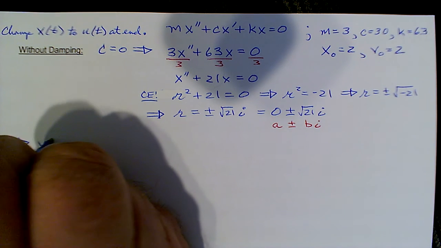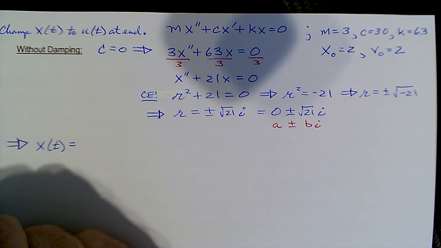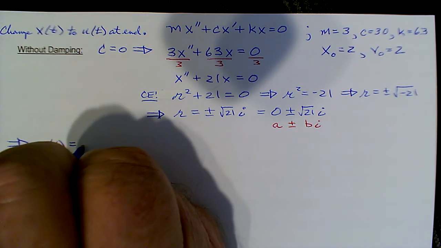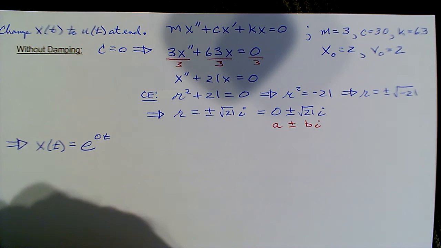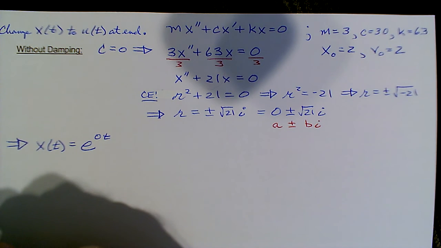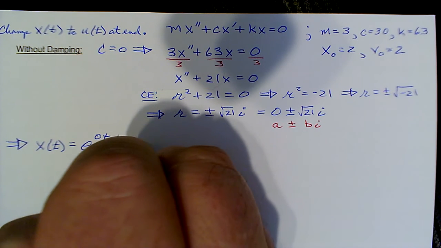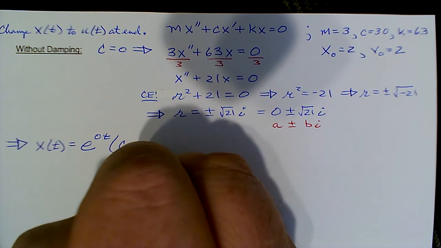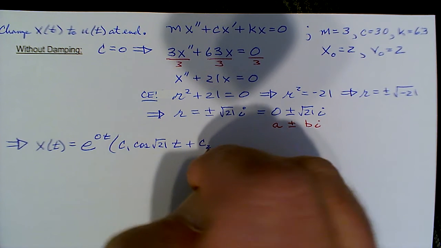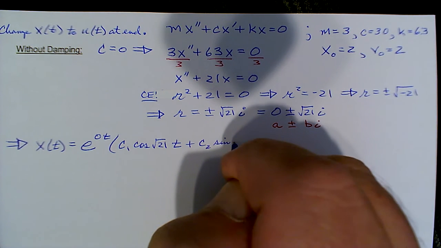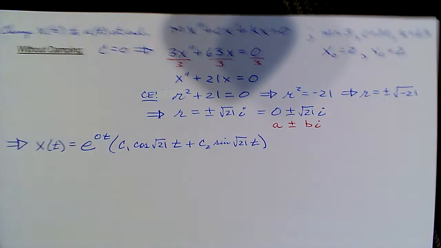And so we'll say x of t is e to the ax, so e to the, well, actually t, right? e to the 0t, and then times c1 cosine of b, which is the square root of 21t, plus c2 sine of the square root of 21t.